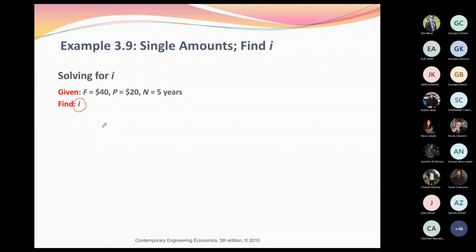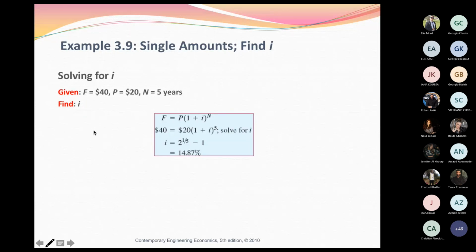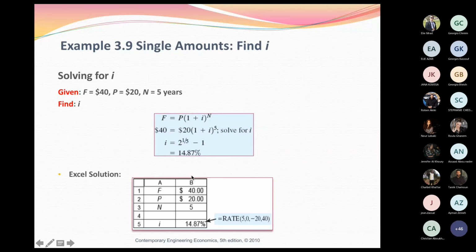So we put F is P times 1 plus I to the N. 40 is 20 times 1 plus I to the 5, and we solve for I. Now N can be an unknown. This is the last scenario: either P unknown, or F, or I, or N in the last example.